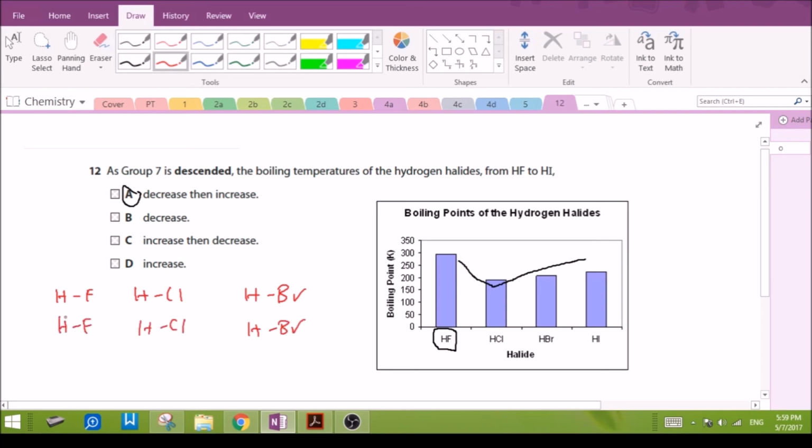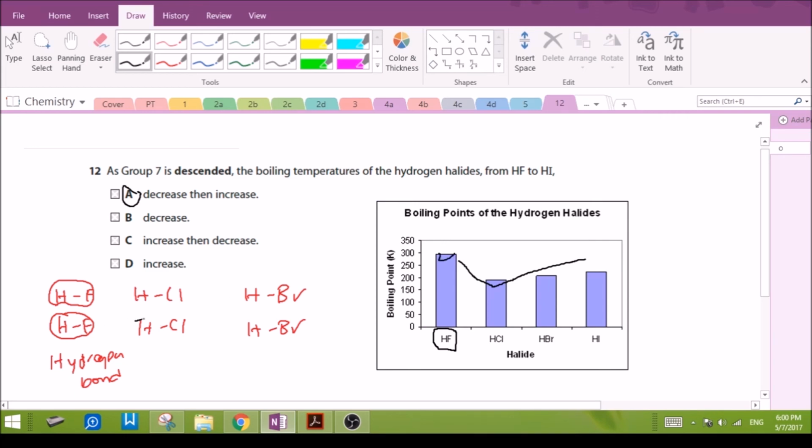Hydrogen fluoride, although it's a very small molecule, has very low van der Waals forces due to the small electron cloud, but it has hydrogen bonding, unlike the others in the group. So because of the hydrogen bonding, it has a very high boiling point, right? Strong intermolecular attraction forces. So that's why it's the highest.